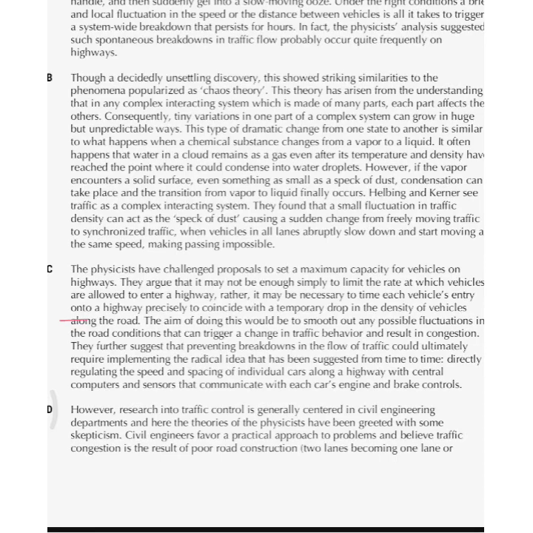Onto a highway precisely to coincide with the temporary drop in the density of vehicles along the road. Now from this word, temporary drop in the density, what is density? Density is about how many vehicles are there on the road. So they say there will be a temporary drop, right?